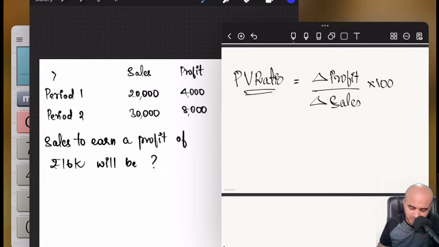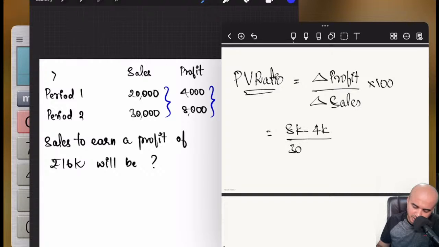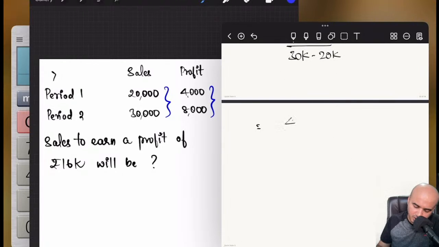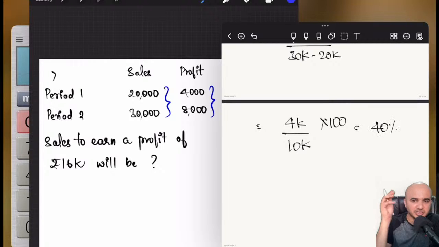Okay, by how much has the profit changed between one period and another period? It has increased by 4,000. So this will be 8,000 minus 4,000, and the other one would be 30,000 minus 20,000, which can also be written as 4,000 divided by 10,000 into 100, which is nothing but 40%.